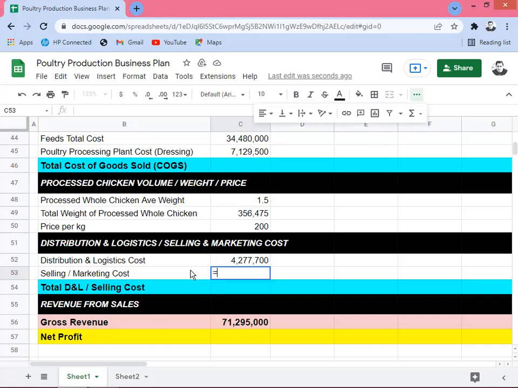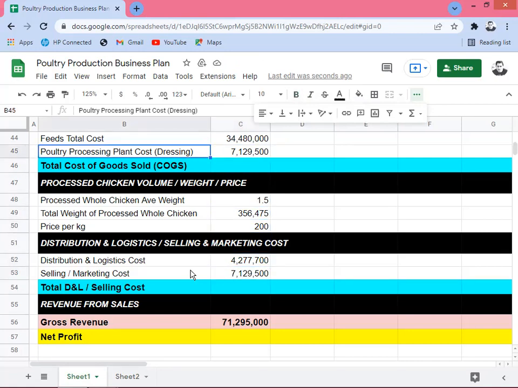So I would say also 10% of the gross. Okay. You can correct this when you do your actual planning. What I'm giving you now is just for you to improve your planning skills when it comes to business planning. Okay. So let's just say 10%.